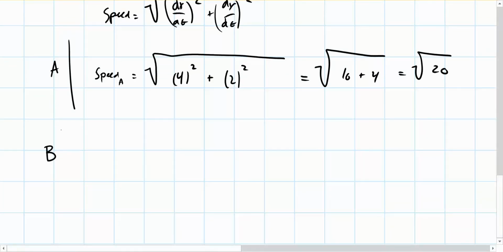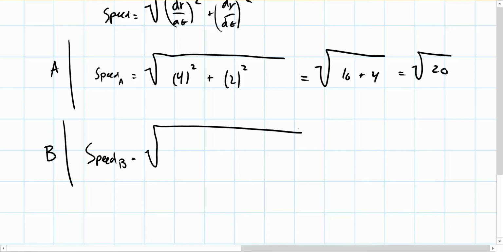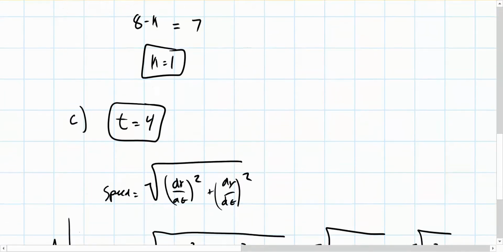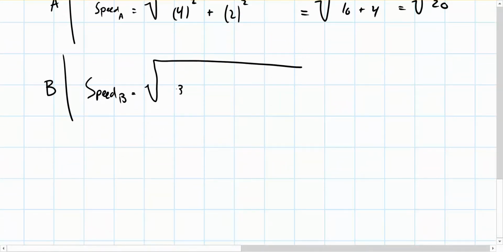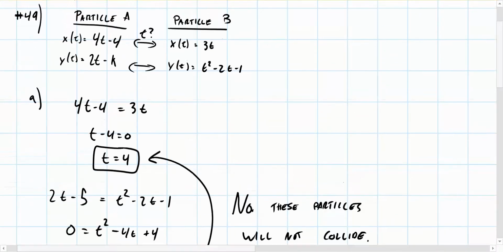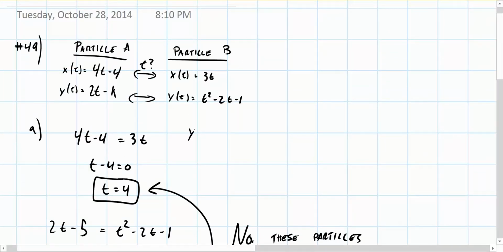Now let's do B and compare the results. Speed sub B is going to equal the square root of dx dt squared. The x equation for particle B is just 3t, so the derivative of 3t is just 3 squared plus dy dt. This one's a little trickier. Y prime t in this case is going to equal 2t minus 2.